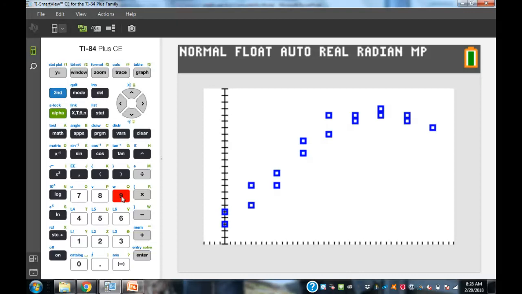You don't have the stat plot turned on. Second, y equals. Turn that on. You have to have your stat plot turned on before zoom 9 will even do it. It won't help you otherwise.